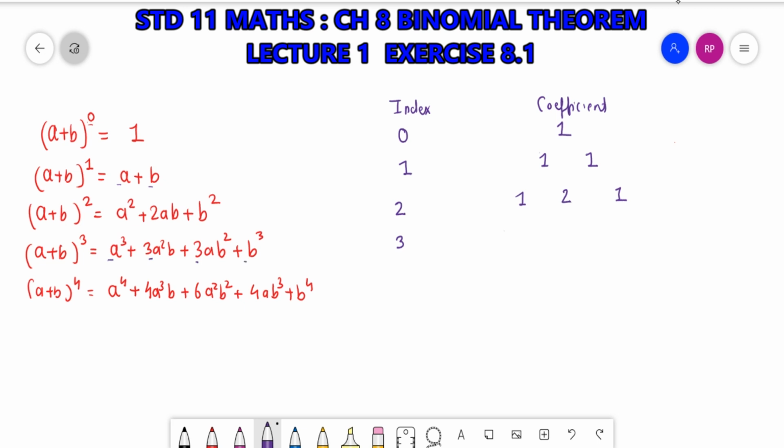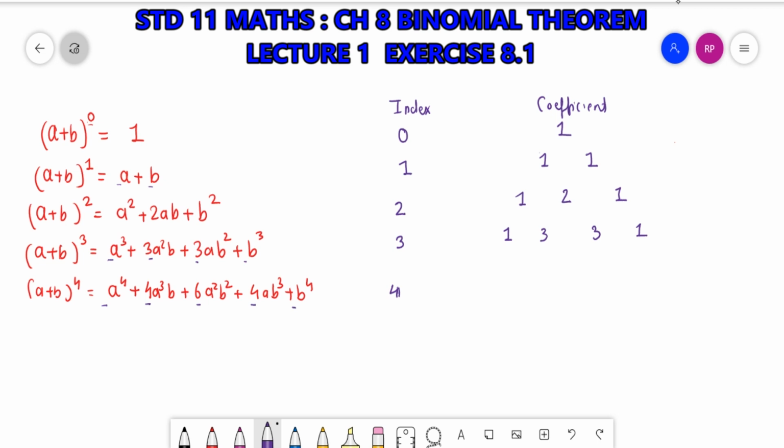So I will write this as 1 into a cube plus 3 into a square b plus 3 into ab square plus 1 b cube. When I take power as 4, you can see 1a raised to 4, 4a cube b, 6a square b square, 4ab cube and 1b raised to 4.